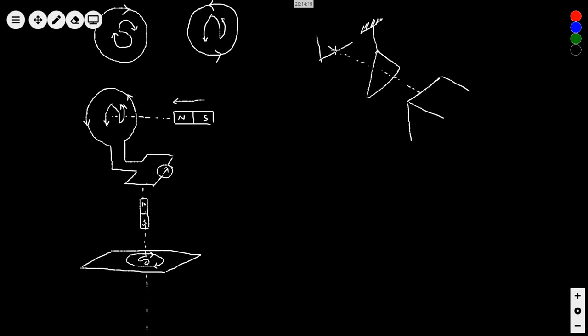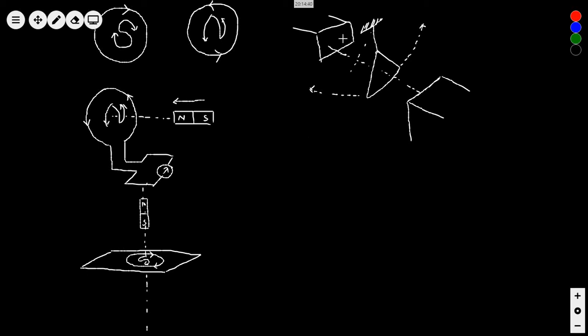Two bar magnets are present there like this, and the coil is oscillating like this. Give me the direction.